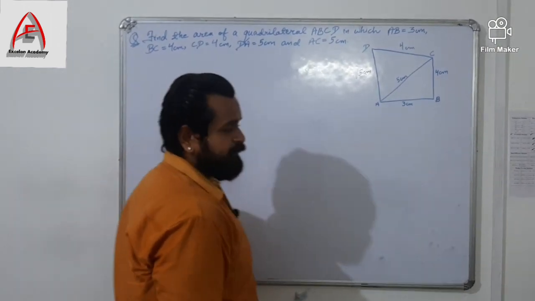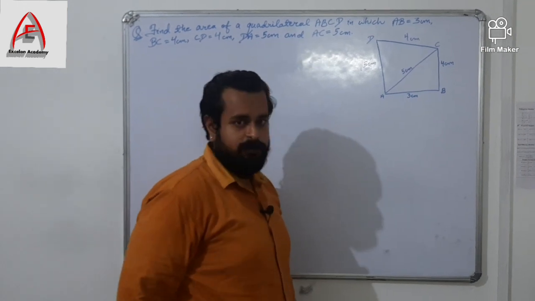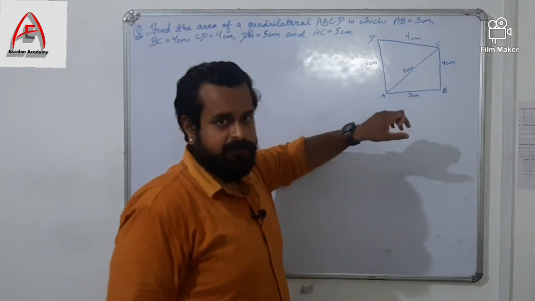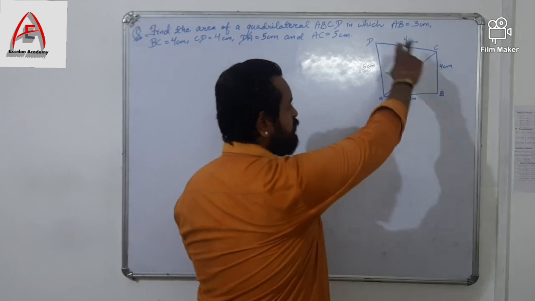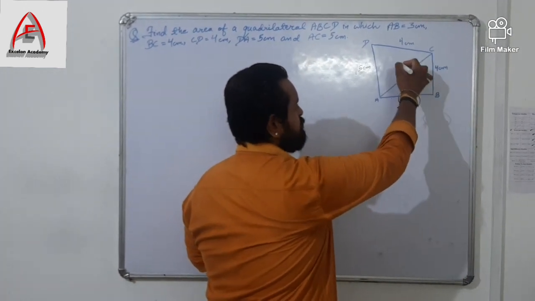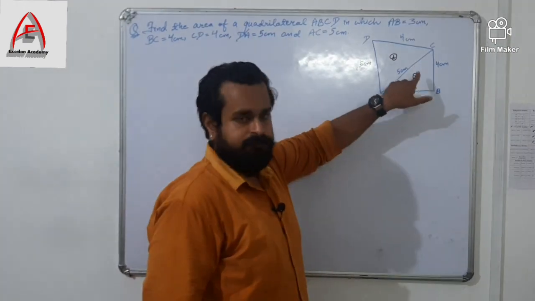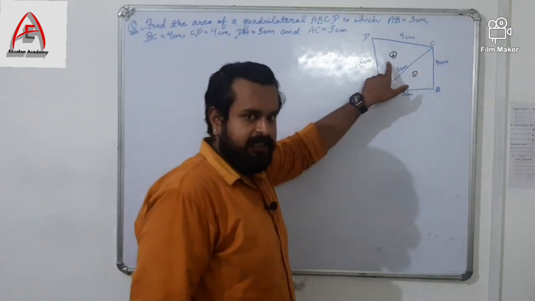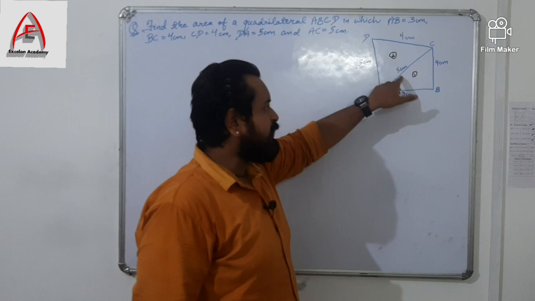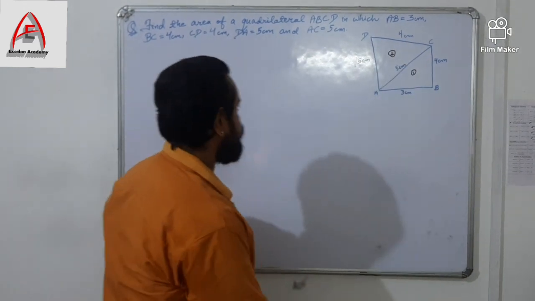Now directly we can't find it, because we don't have any particular formula for finding the area of this quadrilateral. So we will divide this quadrilateral into two triangles, first and second. We will find the area of the first triangle, then separately the area of the second triangle, and then add the two areas to get the area of the quadrilateral.